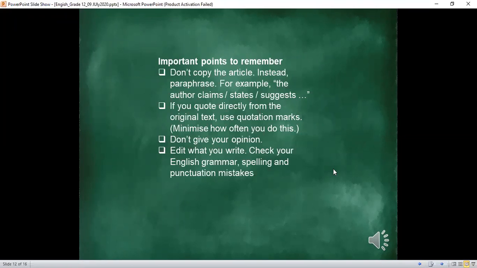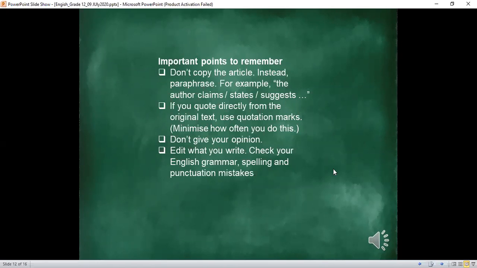Now, if you quote directly, obviously use your quotation marks. Now, I wouldn't really advise you to always quote when you're doing a summary because it adds to the number of words.